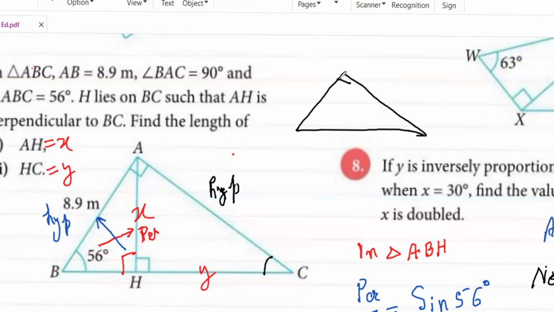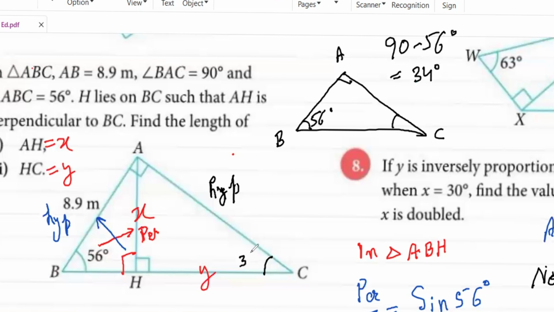Here this angle is A, which is 90 degrees, and this angle is B, which is 56 degrees. So obviously, I told you that angle C will be 90 minus 56. It is very easily calculated. Got the answer 34. So angle C will be 34 degrees. Please note, it is 34 degrees.